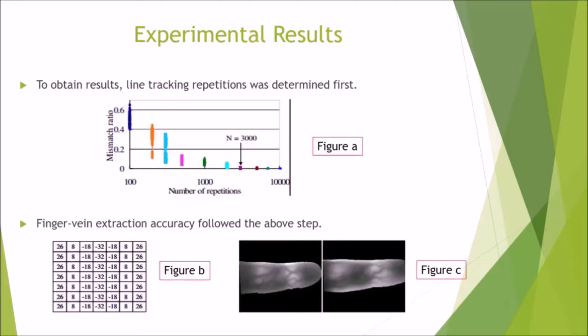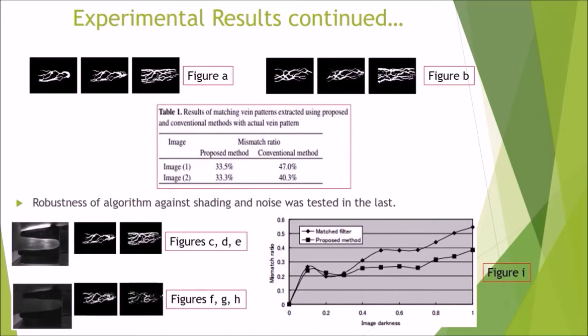The experiment was carried out as follows using the two images shown in figure C. Figures A and B show the finger vein patterns extracted from the two images shown in figure C, respectively. Table 1 shows the results of matching.